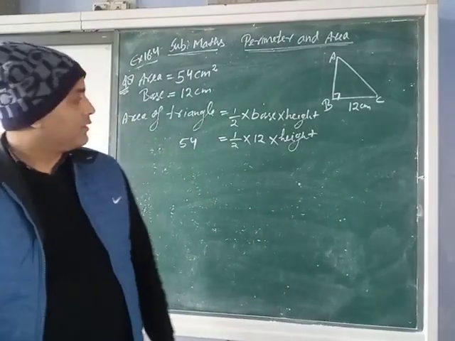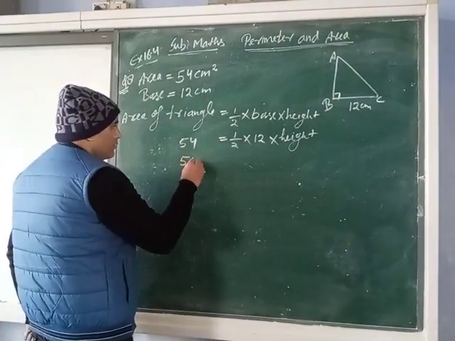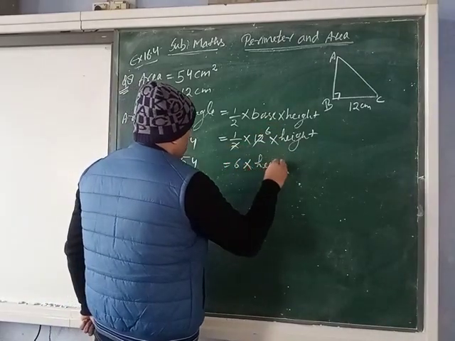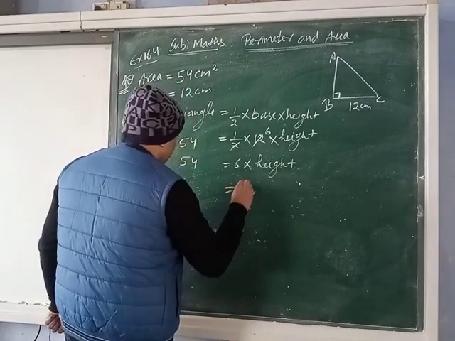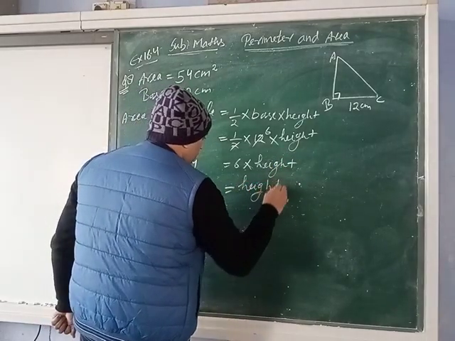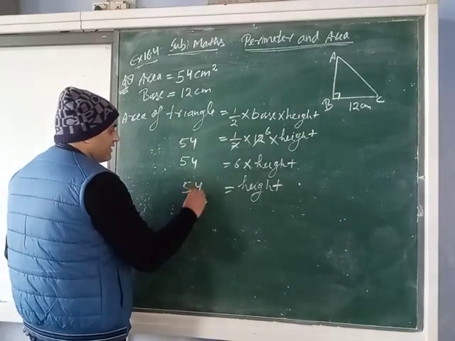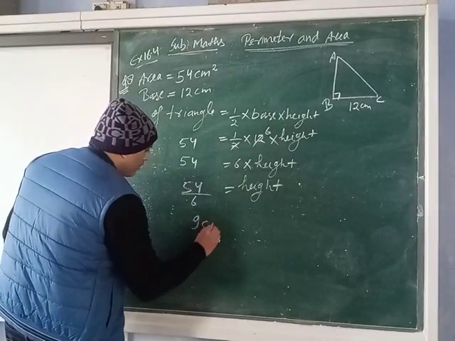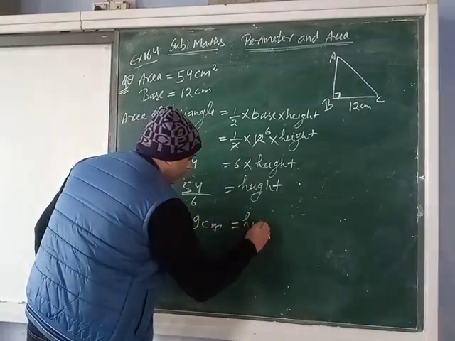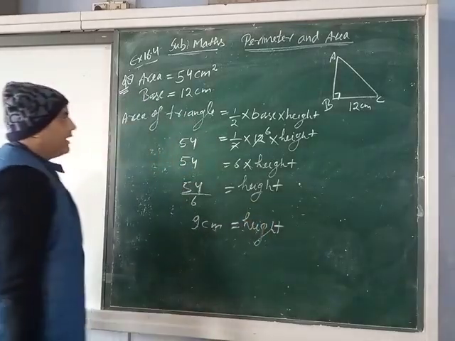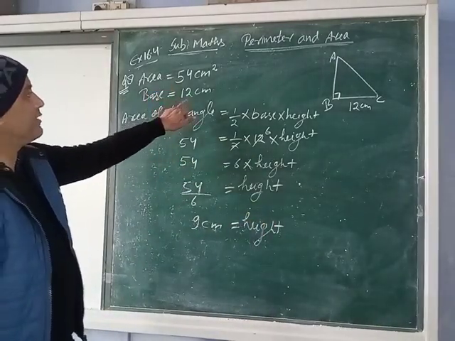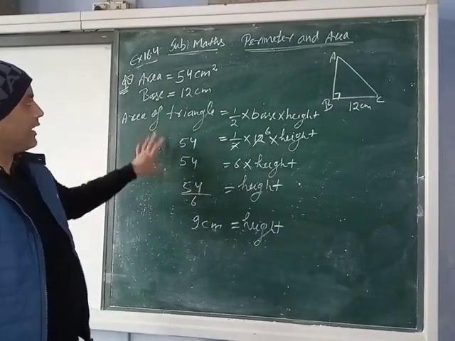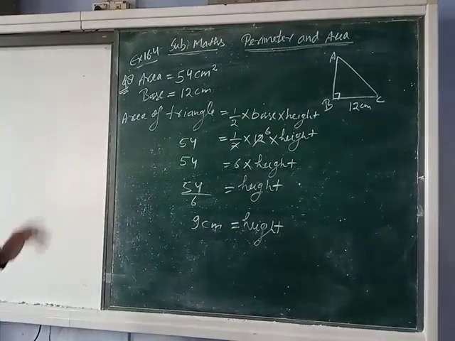Okay, so 2 6s are 12. 6 into height. When 6 moves to that side, then it should be in divided form. 6 9s are 54. So what is the height of that triangle whose area is 54 centimeters, the base is 12 centimeters? The height should be 9 centimeters. So like this we have to solve this problem.